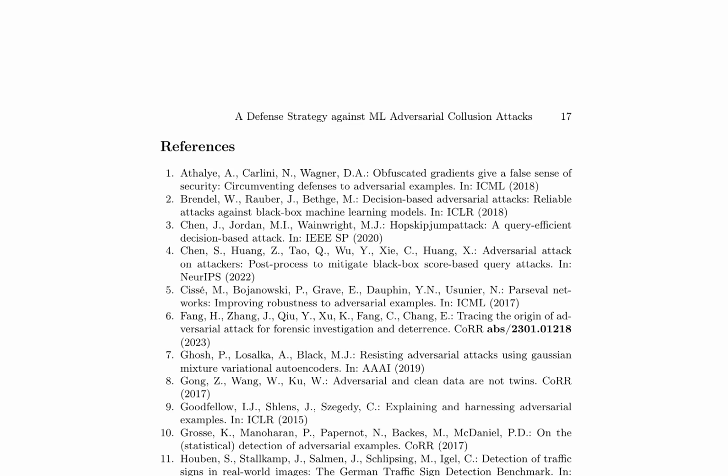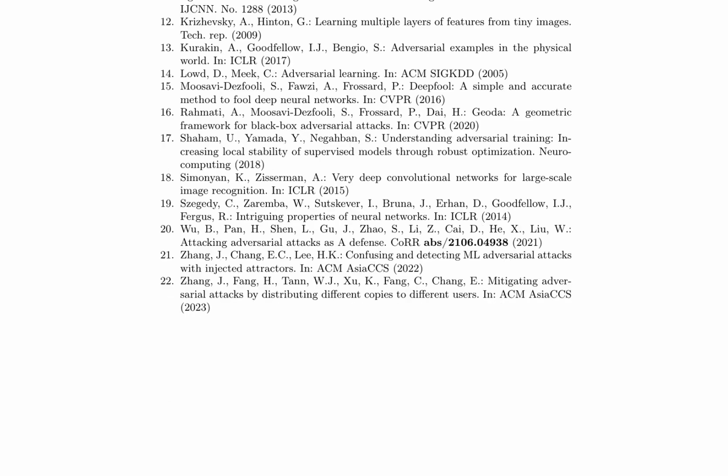The research paper discusses the pressing issue of adversarial attacks on machine learning models, particularly focusing on collusion attacks. It provides a comprehensive review of existing defenses and proposes a novel strategy involving attractors, distributed models, and statistical detection. Attractors are designed to confuse and detect adversarial attacks by leveraging the inherent properties of neural networks.